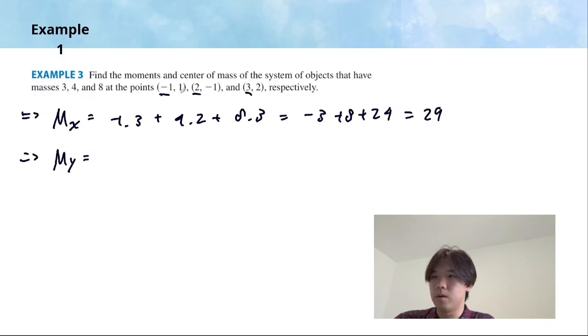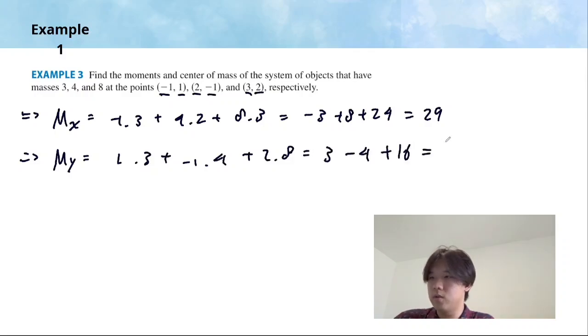For Mx: 1 times 3, -1 times 4, and 2 times 8, which becomes 3 minus 4 plus 16, which equals 15. The total mass is the sum of 3, 4, and 8, which is 15.